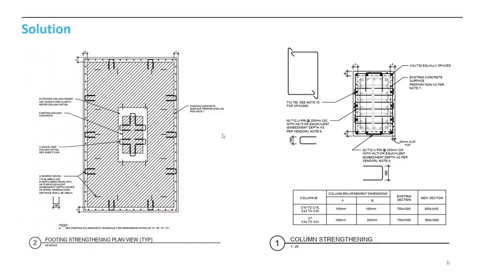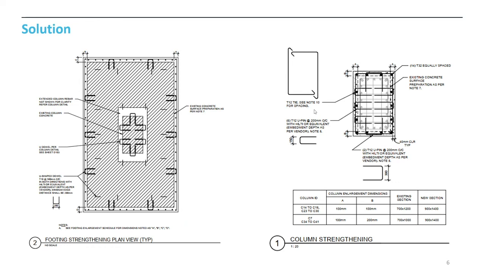We used U-shaped dowels, and we used ACI guidelines, which say the ratio of the area of new concrete versus old concrete determines the load transfer between the two columns.